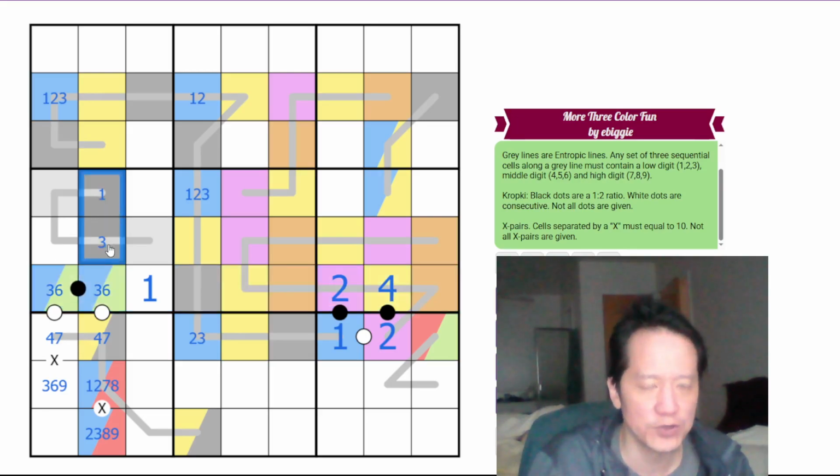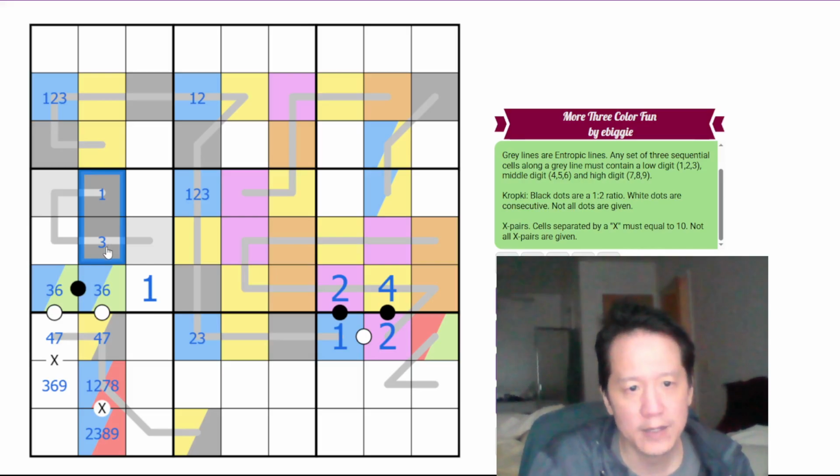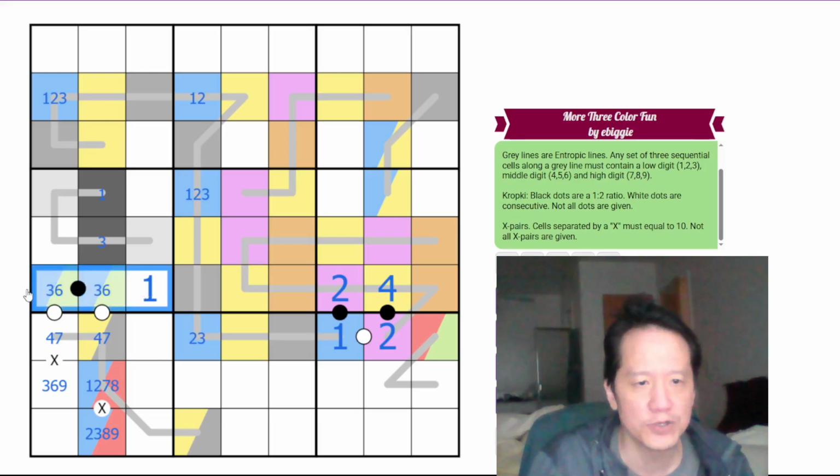So then this could not be low. It would have to be high because one of these is medium, right? So the mediums could not be here. The lows could not be here. This would have to specifically be high. But one of these is lows, so it has to be in an X pair with a high. Therefore, you could not have a high, and this would have to be 4.